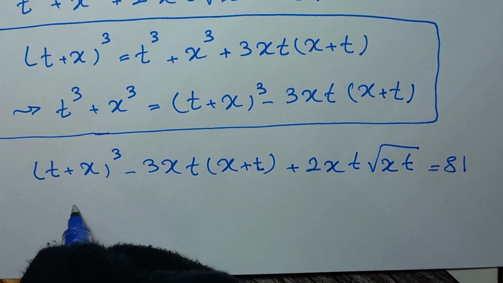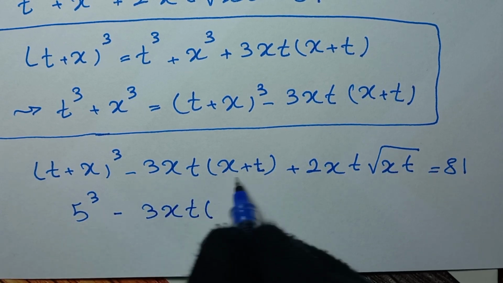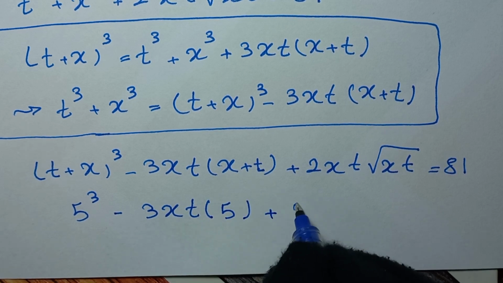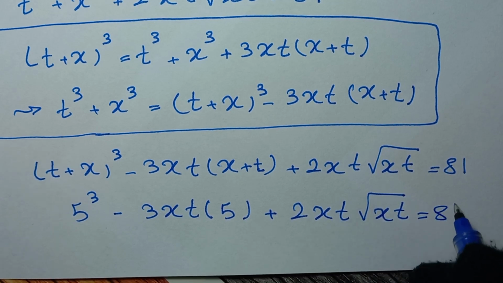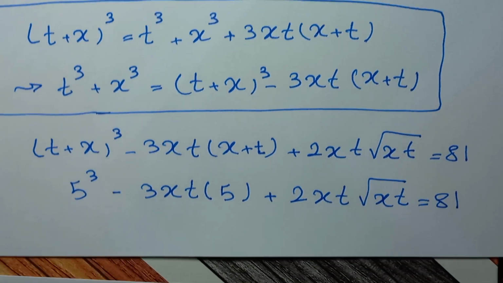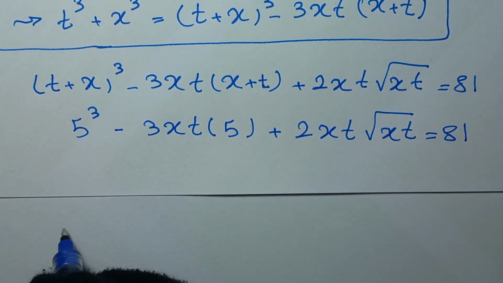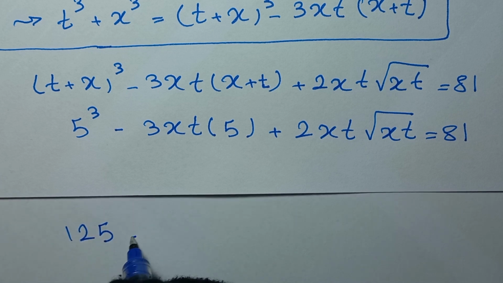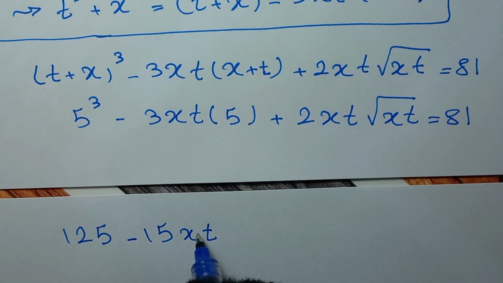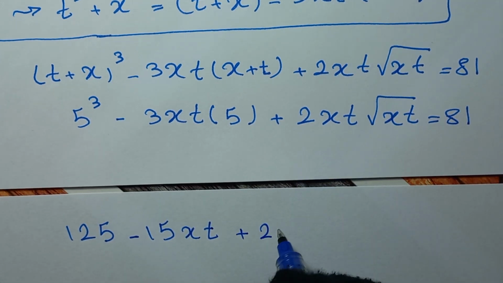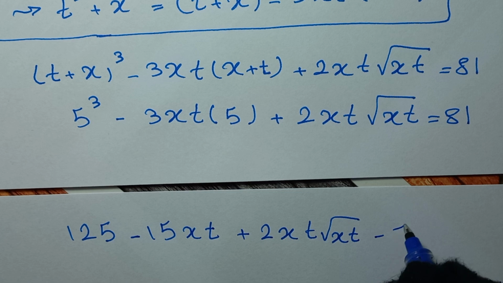It will be 5 to the power of 3 minus 3xt times 5, plus 2xt times square root of xt is equal to 81. 5 to the power of 3 is 125, minus 15xt, plus 2xt square root of xt, and we take 81 to this side, negative 81 is equal to 0.